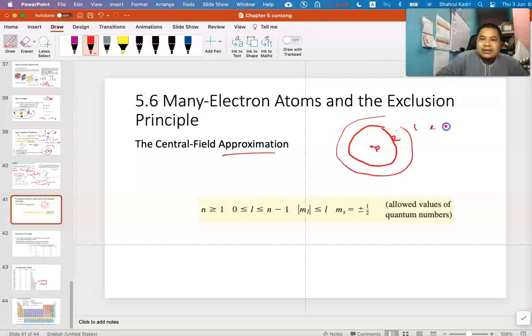But we have many atoms, right? More than 140 atoms. So we need to find the best theory that can support the electron distribution around the proton. It would be very complicated.